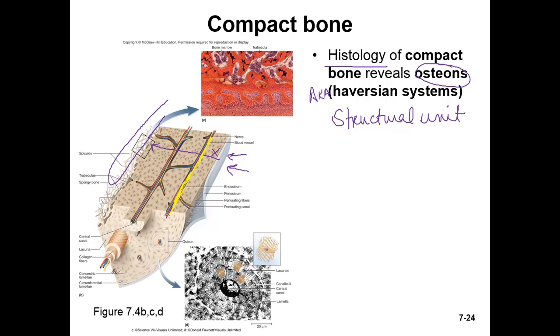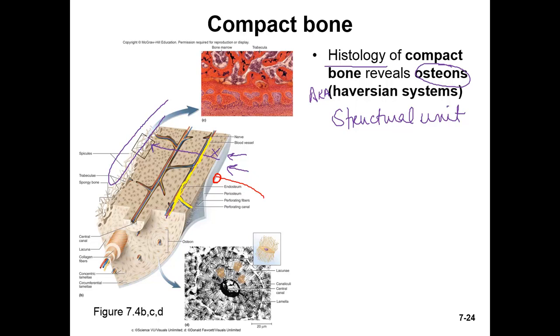When we think about bone, we think about bone being solid structures, but remember that they're not. Remember that you've got blood vessels coming into the bone from the outside, which makes sense to us, and they come in through nutrient foramina.